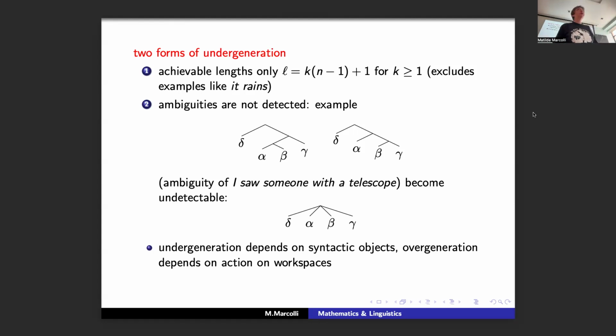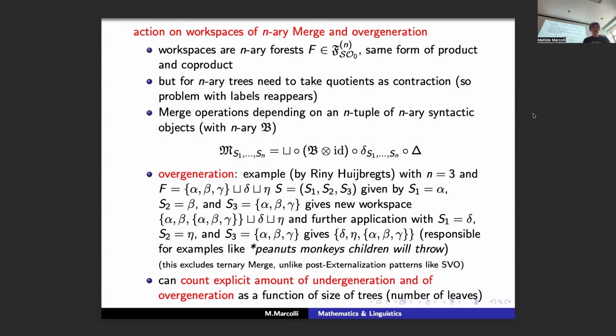So I would also lose the possibility of distinguishing between ambiguities that I know could be there. So these are the obvious kinds of undergeneration problems that you have if your merge were n-ary with n greater than or equal to 3.